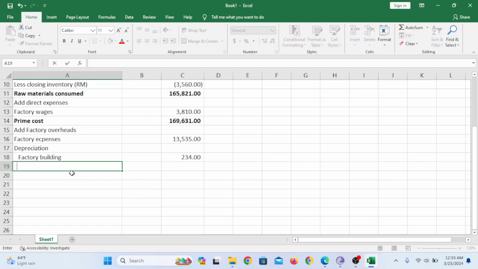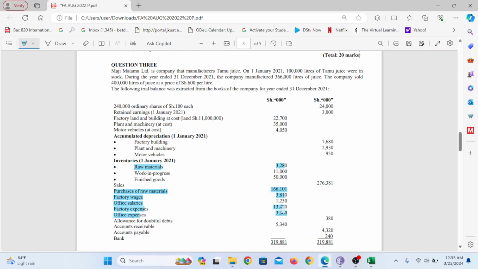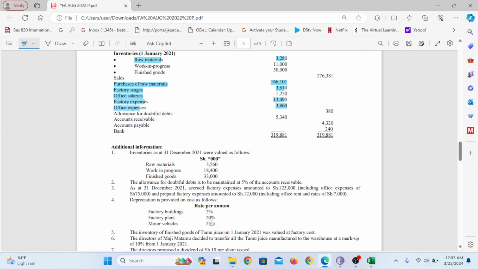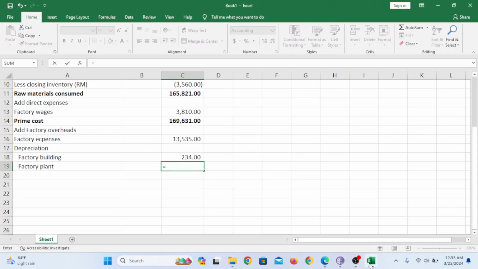Then the next one is the factory plant. Factory plant, the cost is 35,000, and then we need to compute 20% of 35,000. So 0.2 times 35,000. So it is giving me 7,000.